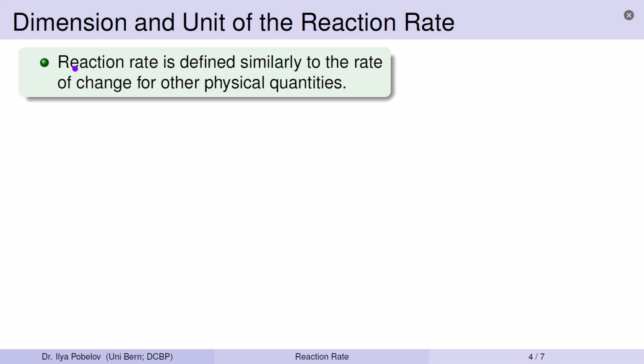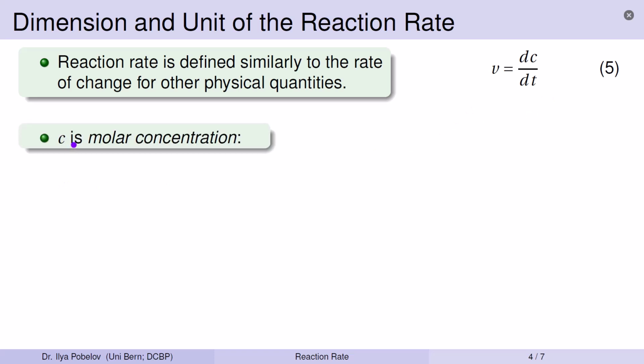In chemical kinetics, the term reaction rate is defined similarly to the rate of change for other physical quantities. It is defined as the change in concentration of a reactant or product per unit of time.